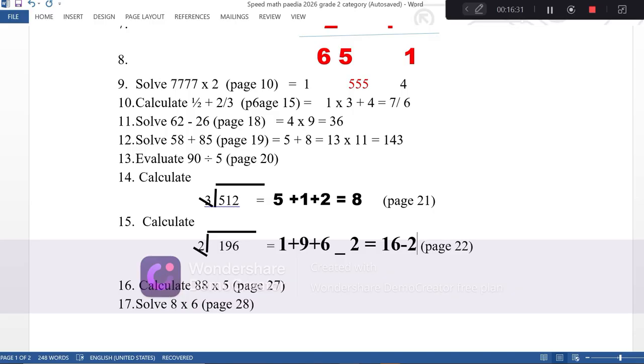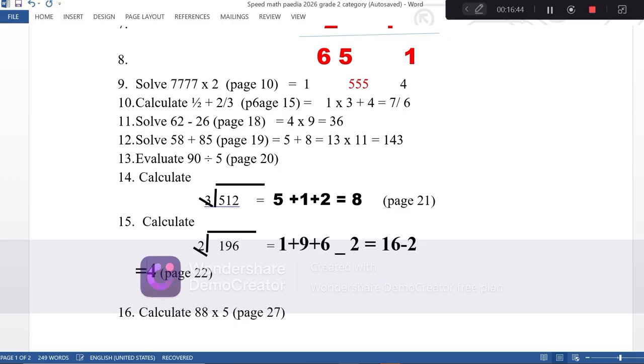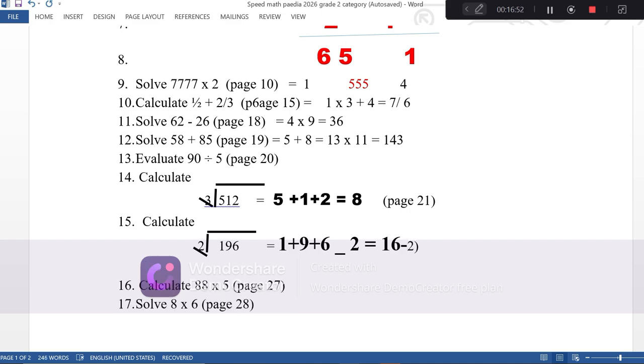Then minus 2 is equal to 14. So the answer here is 14, right?